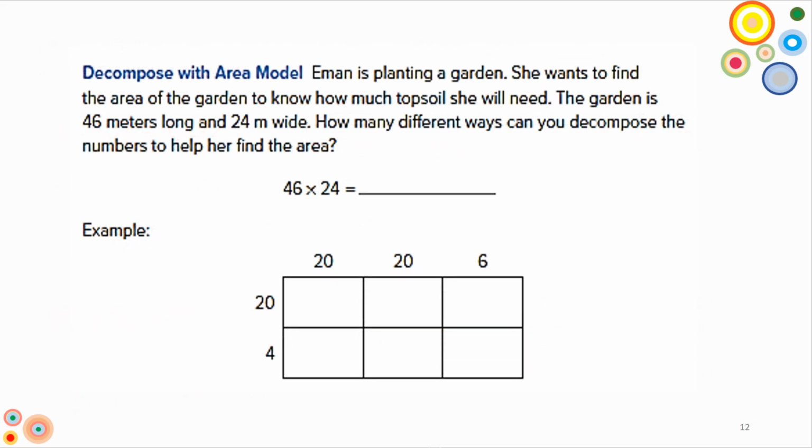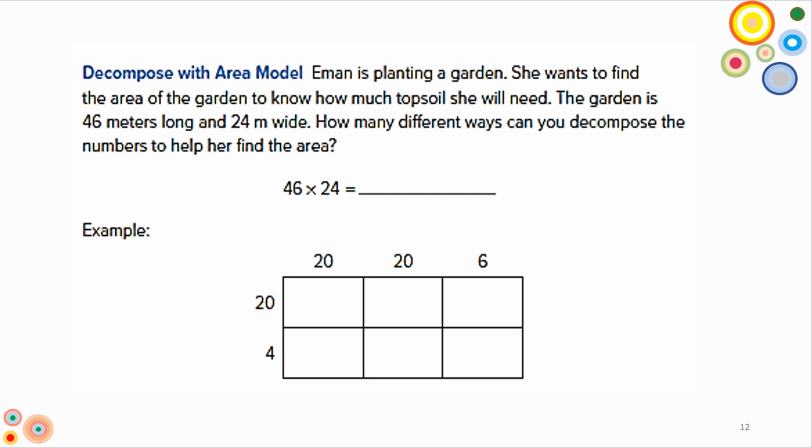Decompose with area model. Iman is planting a garden. She wants to find the area of the garden to know how much topsoil she will need. The garden is 46 meters long and 24 meters wide. How many different ways can you decompose the numbers to help her friend find the area?